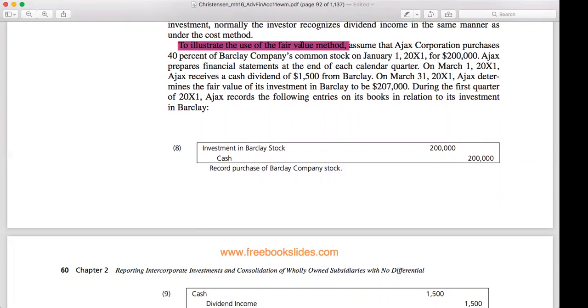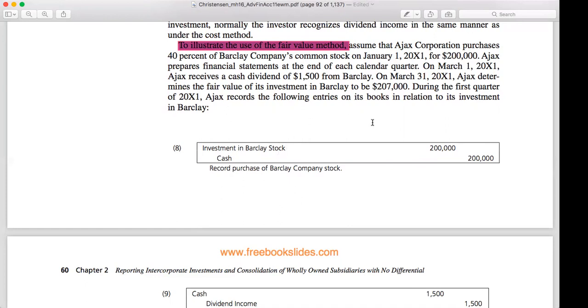On March 31, Ajax determined the fair value of the investment to be $207,000. So Ajax records the entries, right? For the investment in Berkeley, they invested around $200,000, right? So this is the recording that has been made by Ajax Corporation.